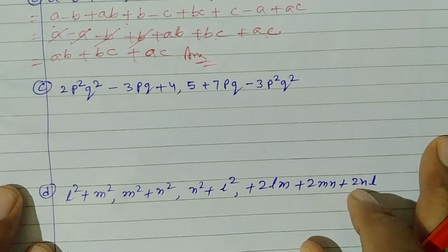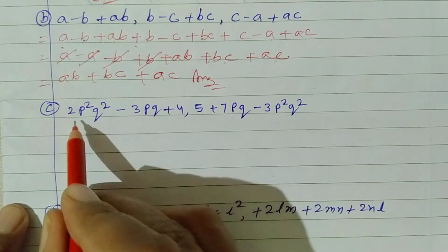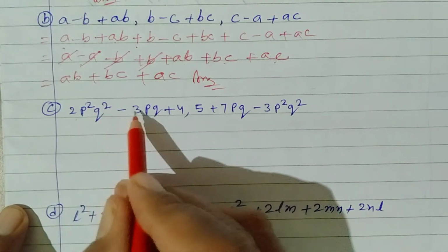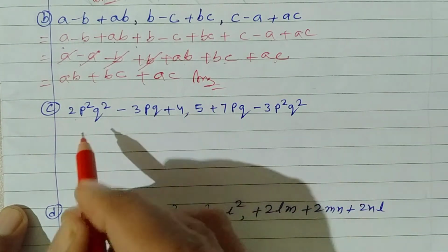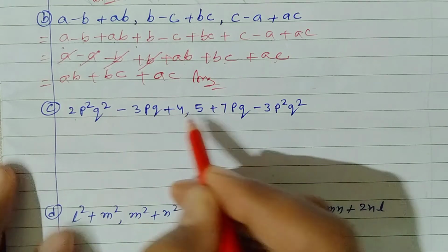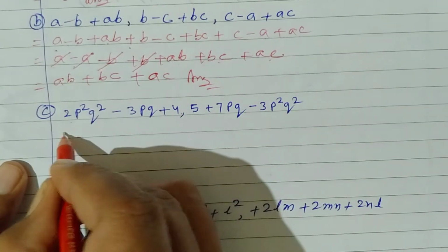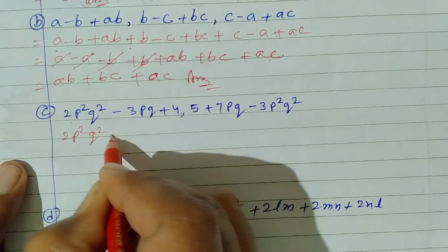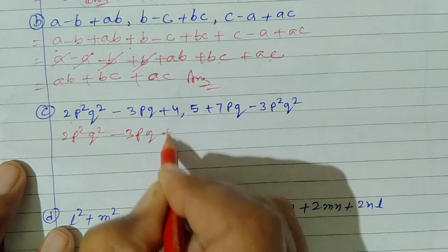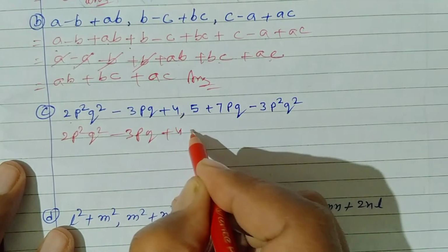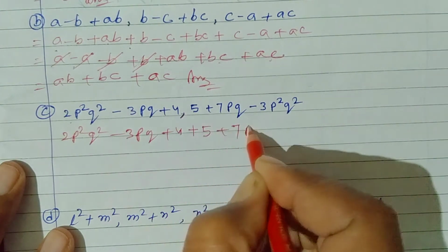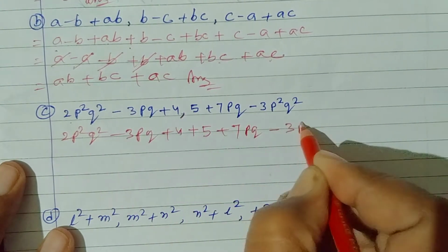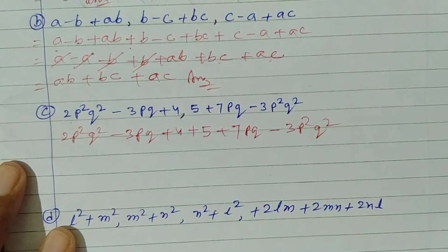This is also very easy, children. 2p square q square minus 3pq plus 4, comma. So you remove the comma and put a plus sign. 2p square q square minus 3pq plus 4, this comma we remove and put a plus sign, 5 plus 7pq minus 3p square q square.